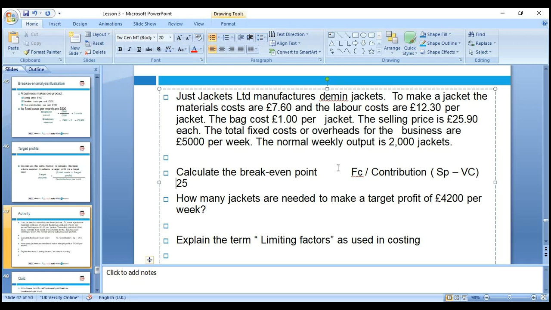So in this case, the 5,000 is divided by, first you need to solve it, 25.90 minus 7.60, yes, minus 12.30 minus 1. That's your contribution. Okay.